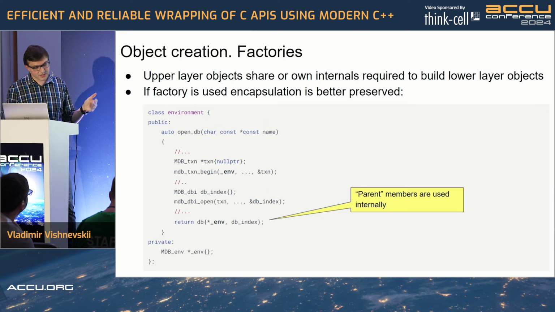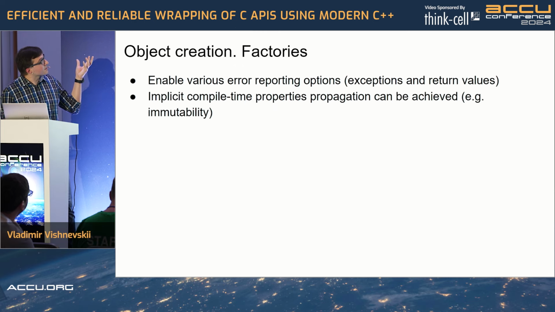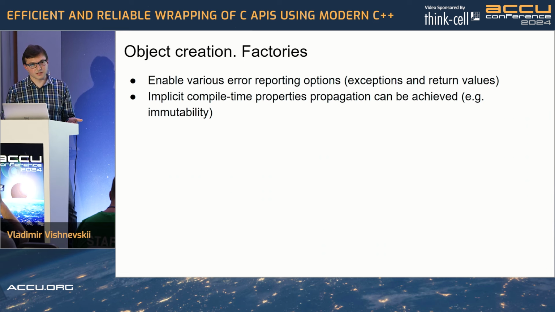Then the object can simply be created, returned and used. Plus, the factory functions allow different error reporting mechanisms. We can return our std::unexpected that we used before, or we can throw. We also can propagate compile-time properties, because the return type can be resolved based on the compile-time parameters of the parent object.